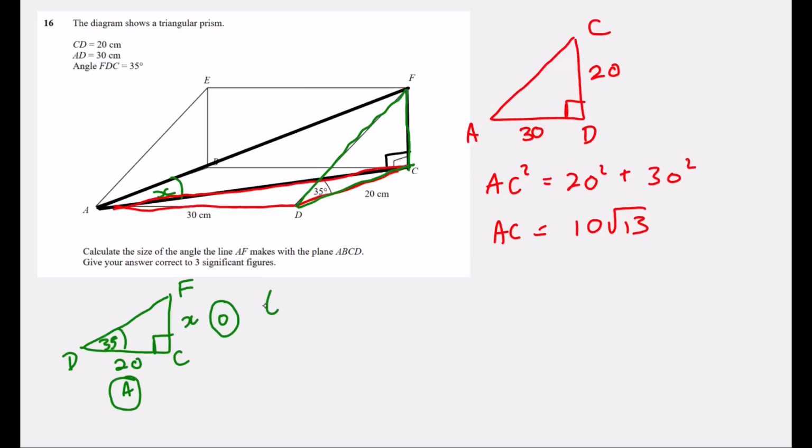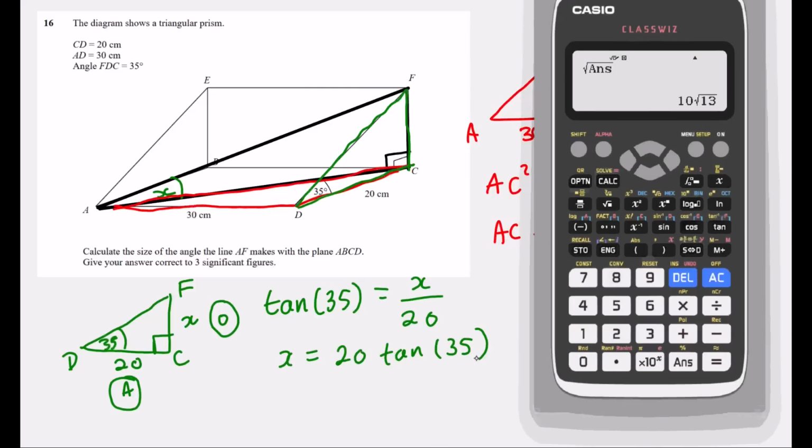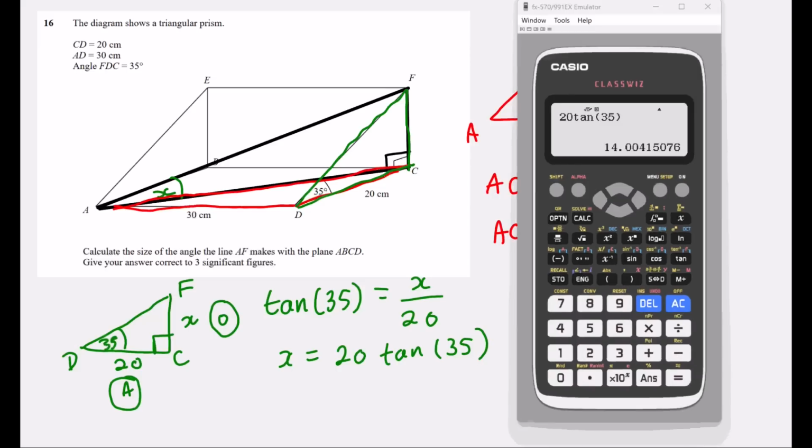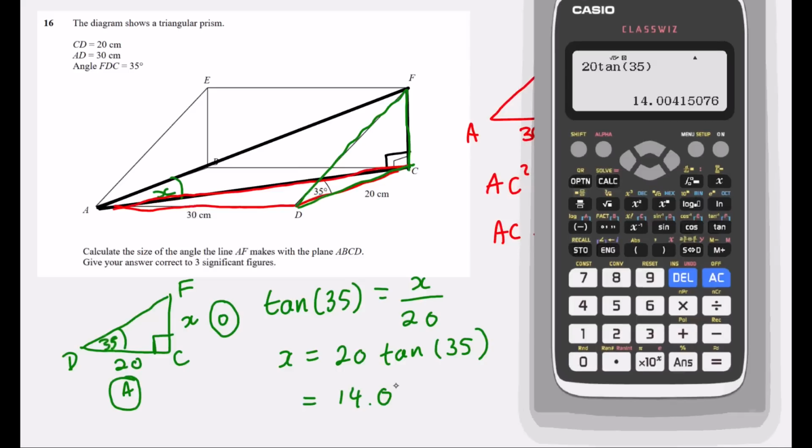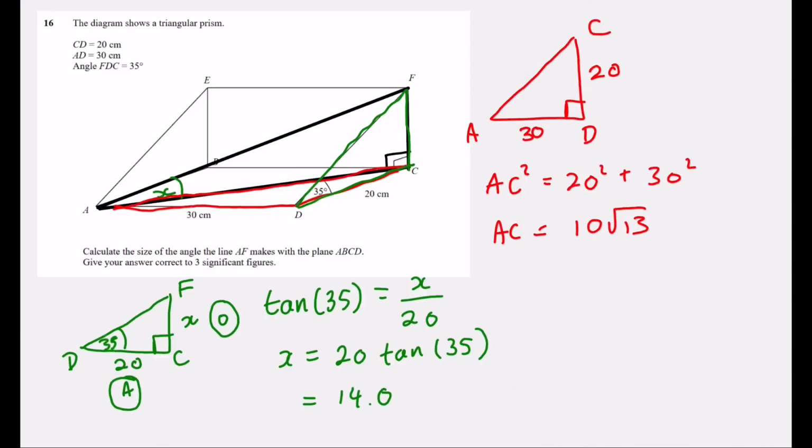So it's tan. TOA. Tan of the angle is the opposite over the adjacent. So times both sides by 20. We've got 20 tan 35. And that is 14.0. We can even store that in the calculator if we want. Store as A.